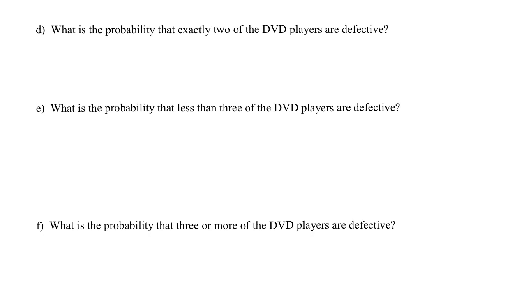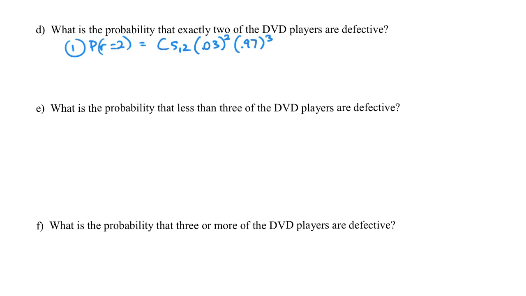how it works out. So this one, try on your own, make sure you try it, and then check back and let's see how you do. So let's do this 2 ways again. I'll go probability that R equals 2. So that is going to be a combination of 5 items taken 2 at a time, probability of success raised to the 2nd power, probability of failure raised to the 3rd power.